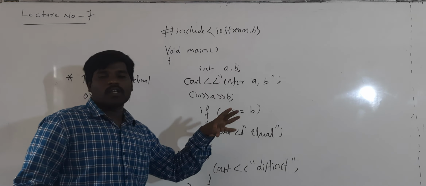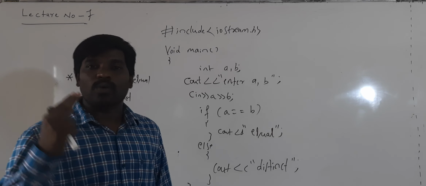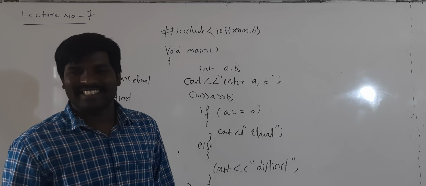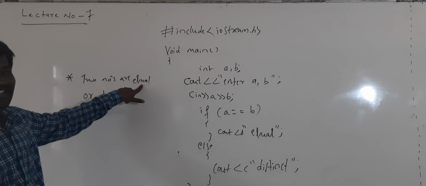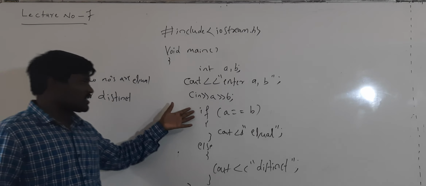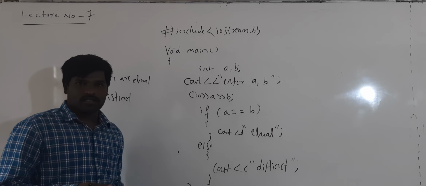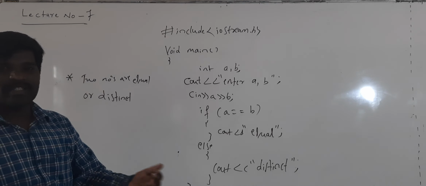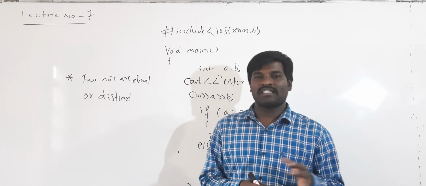The program or concept consists of only two values or only two conditions. That's why we can use if and else. Here the question is either you have to print equal or you have to print distinct. So at that time you can use the if and else statement. If there are more than two conditions, then you can go through the if, else if and else statement. I already discussed it in the problem solving concept.